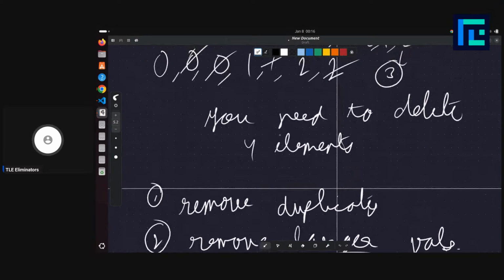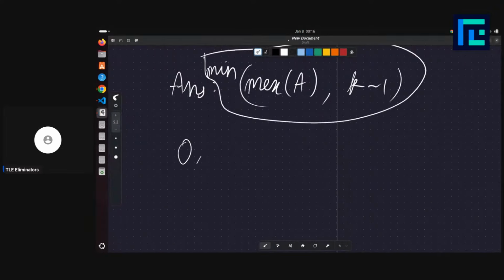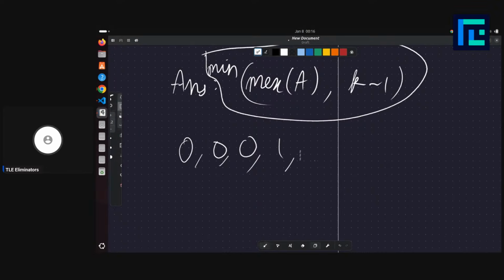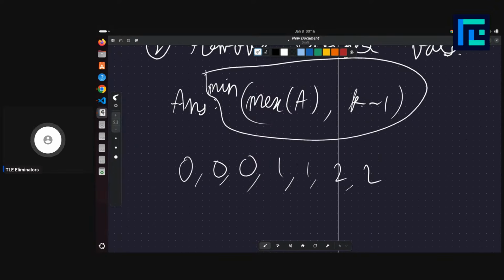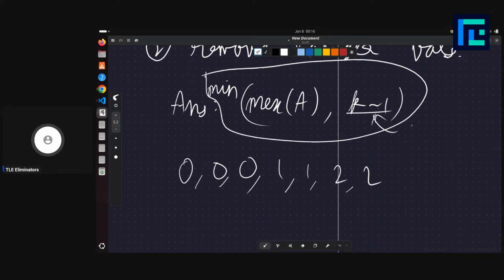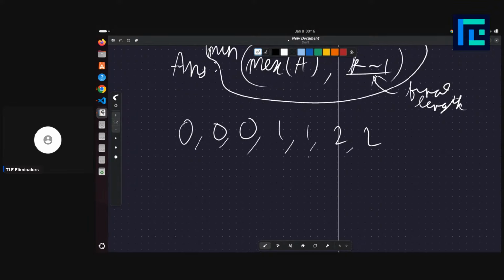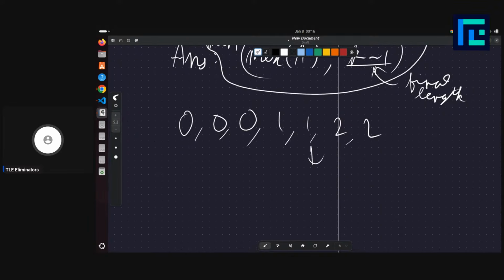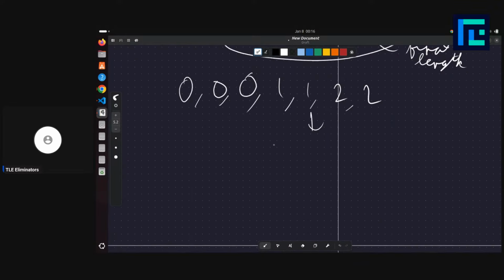Let's say we have 0 0 0 1 1 2 2. k minus 1 is just the maximum final length of the array. For this test case, I want to make the final length equal to 5.